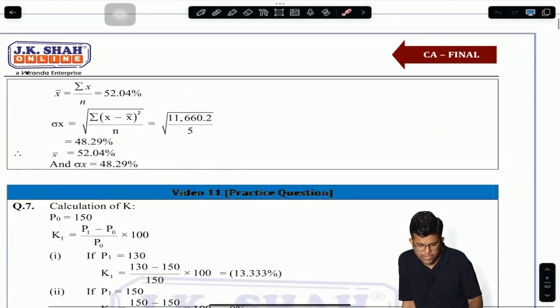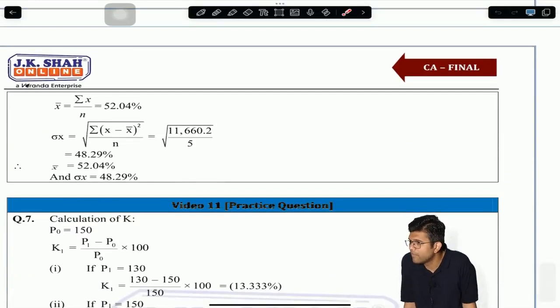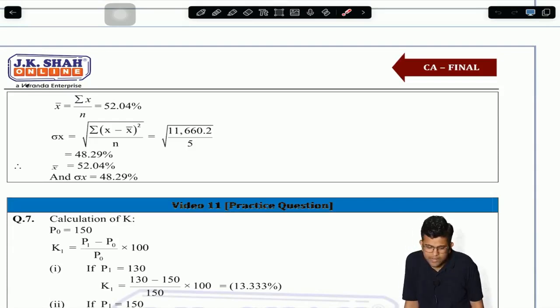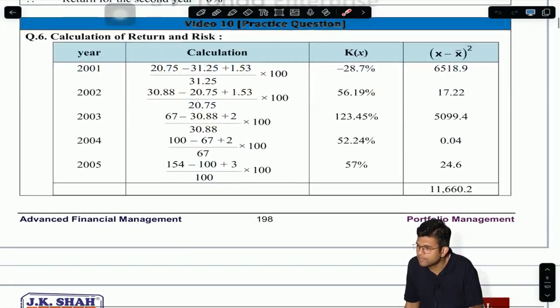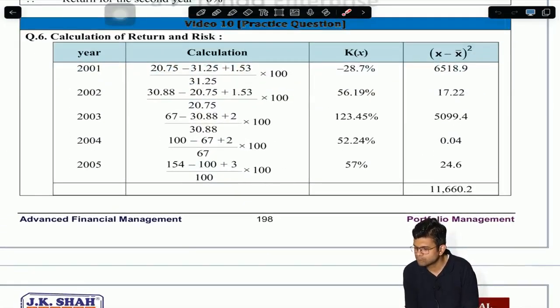Mohammed, thank you. 48.29 is the sigma. Calculation error. X bar is 52.04. Now just check 48.29. Check the last column. Last column you have written things or not written?